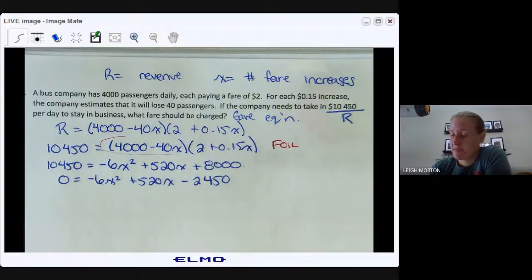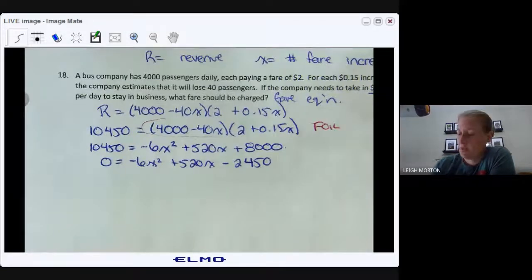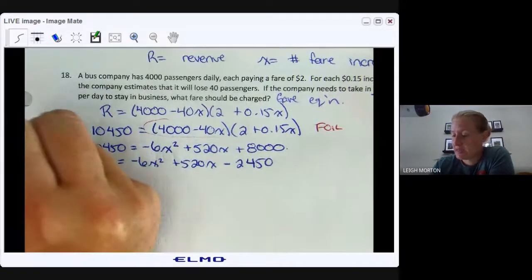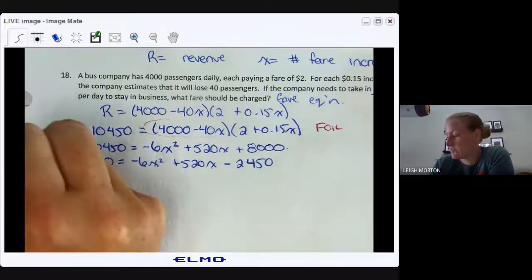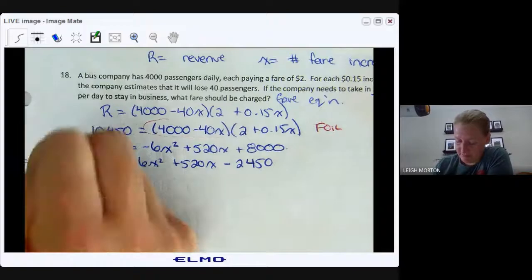And these are going to be some big numbers to factor, so let's use quadratic formula. We got A equals negative 6, B equals 520, and C equals negative 2,450.